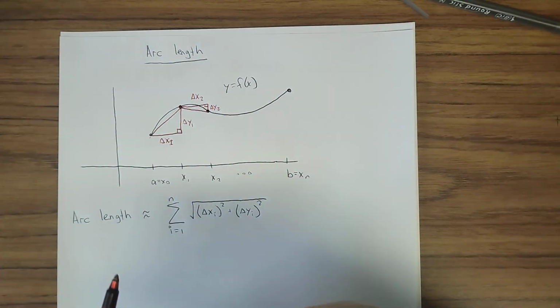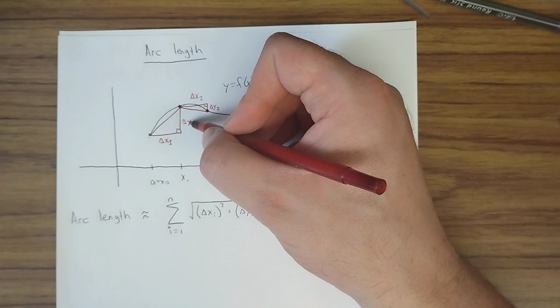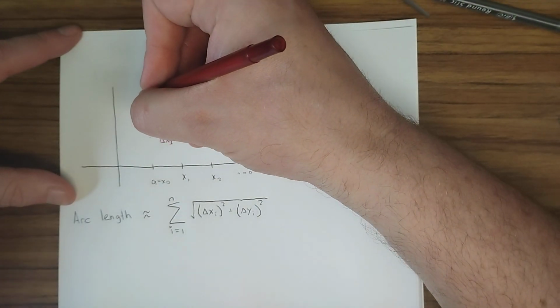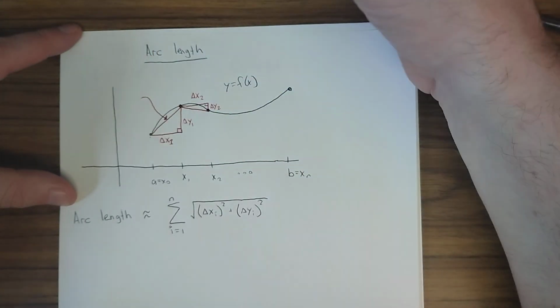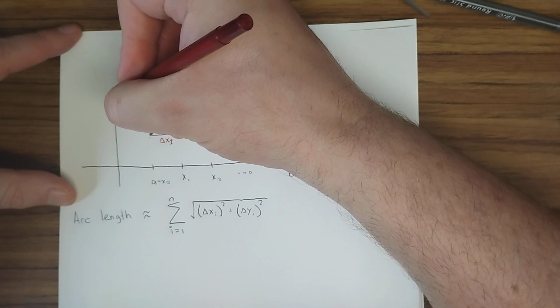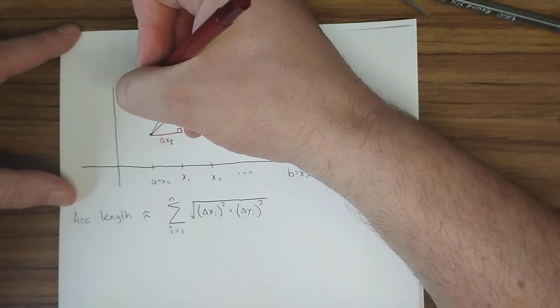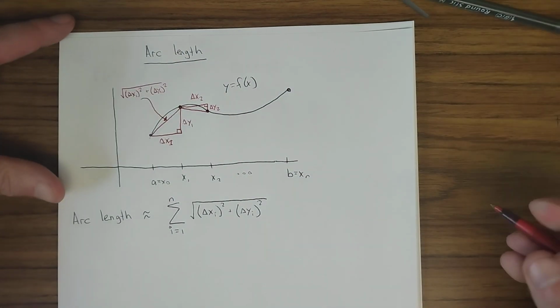And of course, if this is delta x1 and this is delta y1, then hopefully I don't mess up the picture too badly, the hypotenuse would be the square root of delta x1 squared plus delta y1 squared.